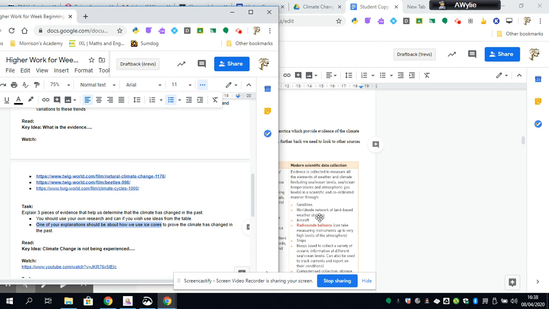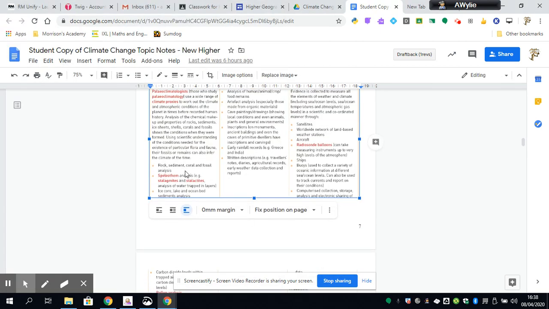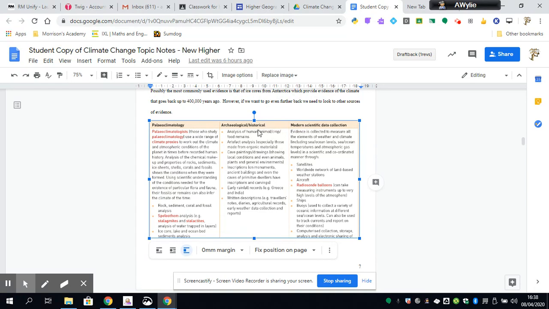When you're looking for ideas, you can have a look at some of the ones that I've got in this little table, or do your own research. But the whole idea here is for you to actually prove that we know what the temperature was 400,000 years ago, because of course clearly we weren't there. So how do we know the temperature was different?